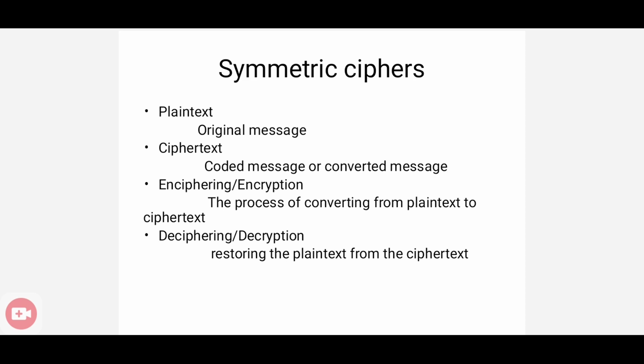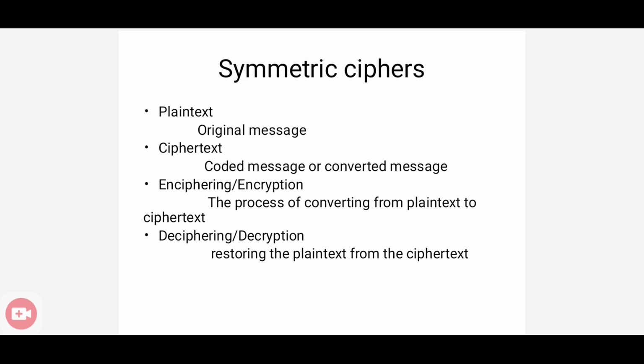That is restoring the plain text from the cipher text, the conversion from cipher text to the original message. So these are the main terms that we use in the cryptographic area: plain text, cipher text, enciphering or encryption, and deciphering or decryption.